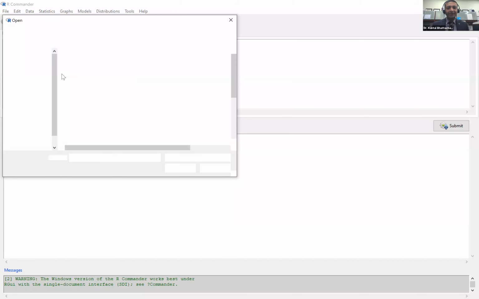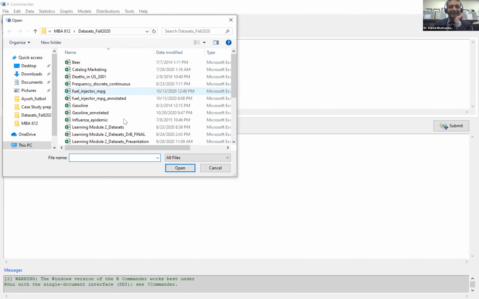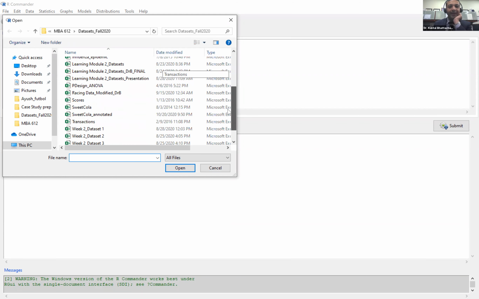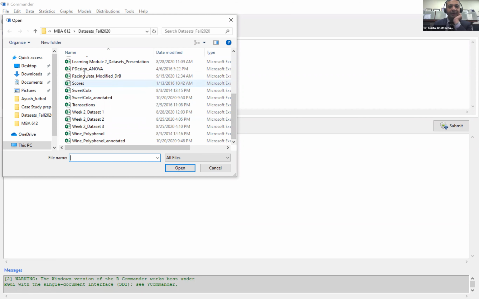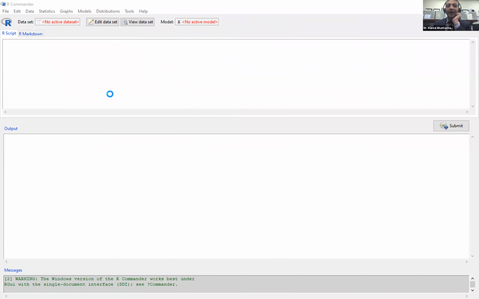And it will ask you which data set you are trying to open. So make sure that you open the package design _ANOVA data set. And when I click on that, of course, it will ask you which of those tabs you want to open, because R Commander works off of each tab.